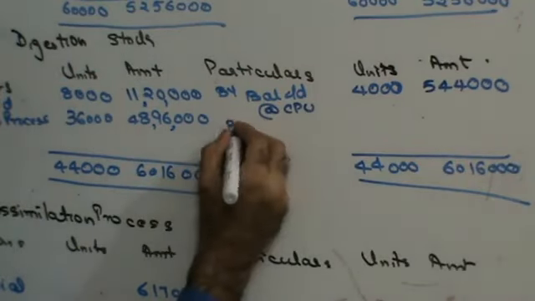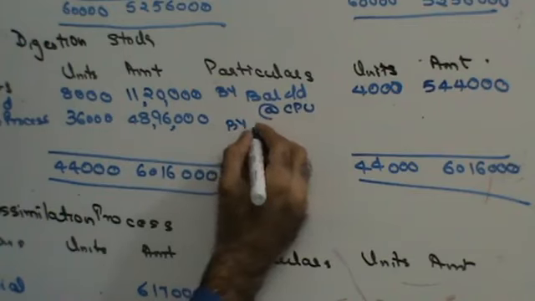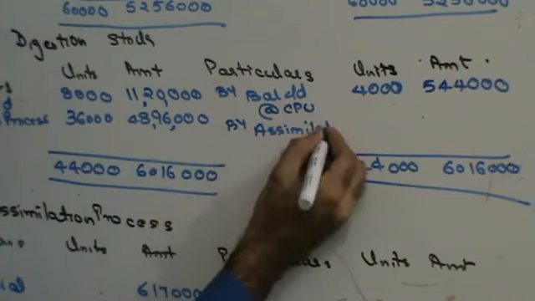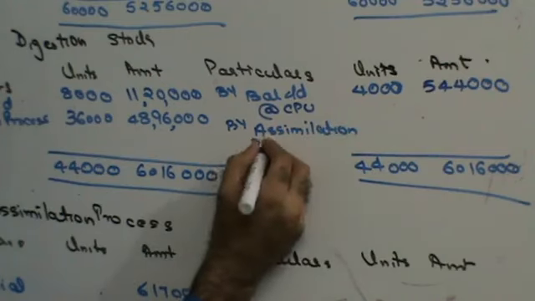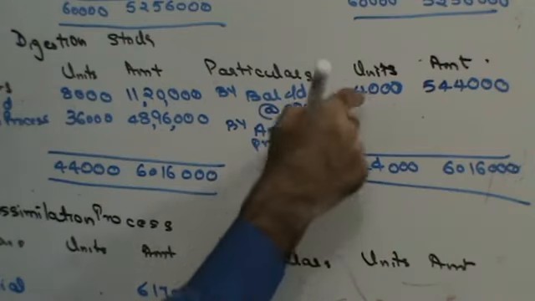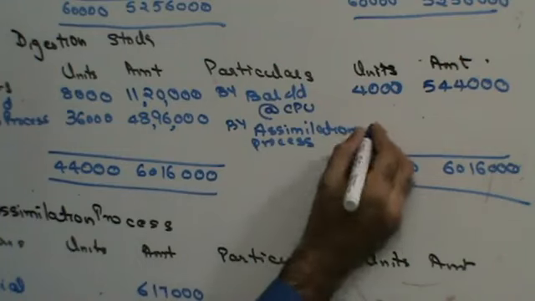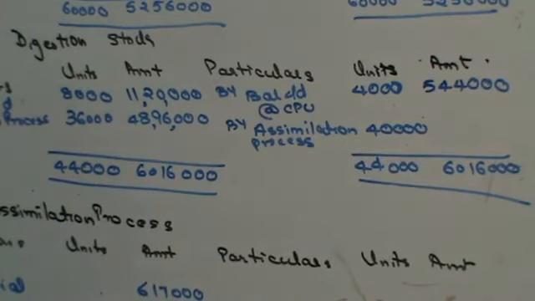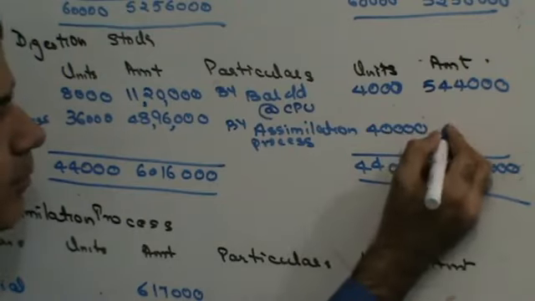Right? The difference will be called as assimilation process. How do I get this? 44,000 minus 4,000, that is 40,000, and 60 lakh 16,000 minus 5 lakhs 44,000 will give you 54 lakh 72,000.